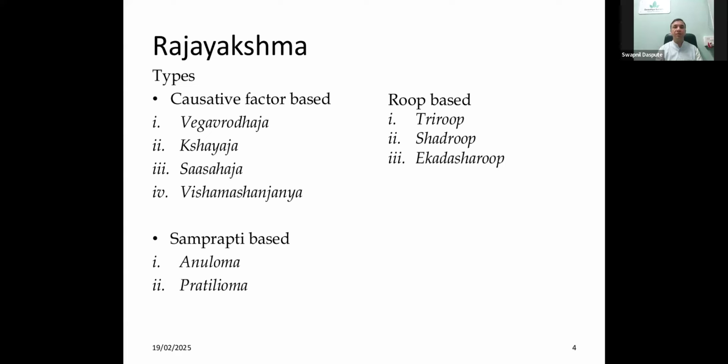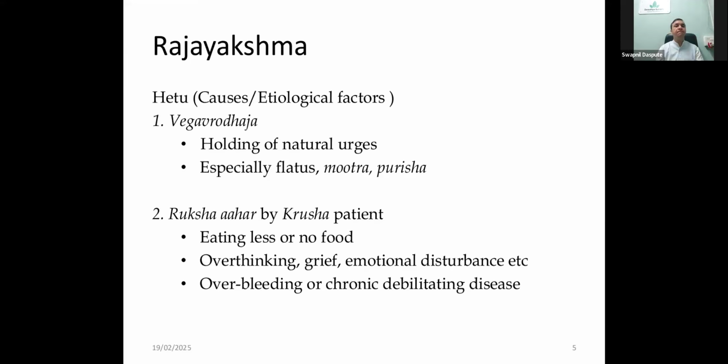Three Rupa, three major symptoms are seen. Shad Rupa, six major symptoms are seen. Ekadasha Rupa, 11 major symptoms are seen. So there are three criteria: causative factor based, Samprapti based, and Rupa based. We'll see the details in the further slides.